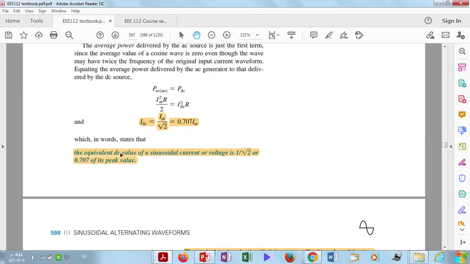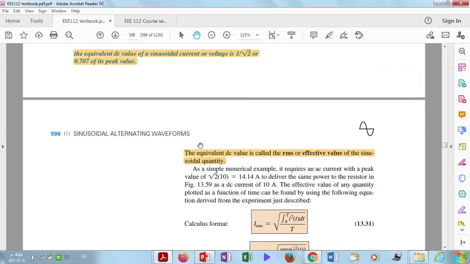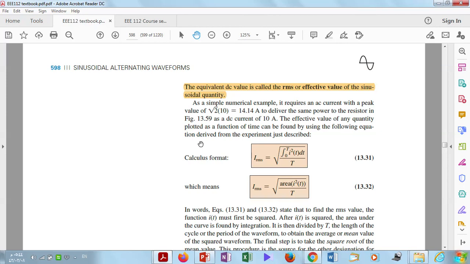The equivalent DC value of a sinusoidal current or voltage is 1 over root 2, or 0.707 of its peak value. The equivalent DC value is called the RMS or effective value of a sinusoidal quantity.